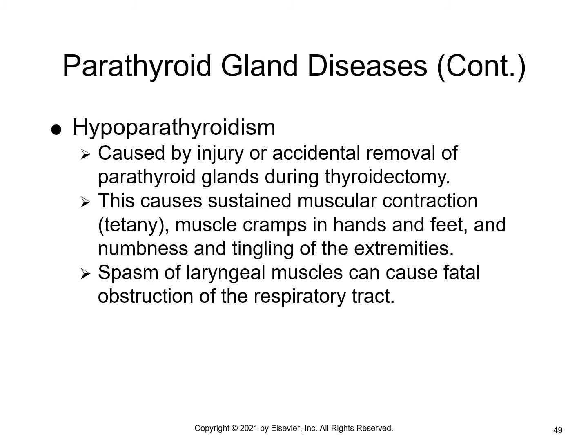Our heart is going to be maintained as long as it can, so first symptoms appear as muscle cramps in the hands, feet, and legs. It can also result in numbness and tingling of the extremities, or spasm in the laryngeal muscles, causing fatal obstruction of the respiratory tract.